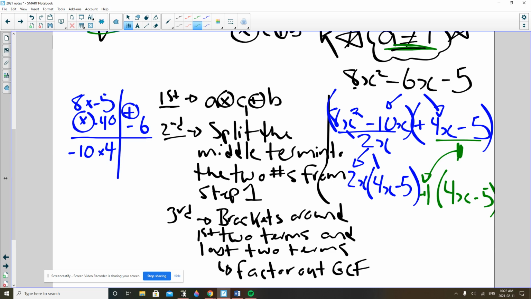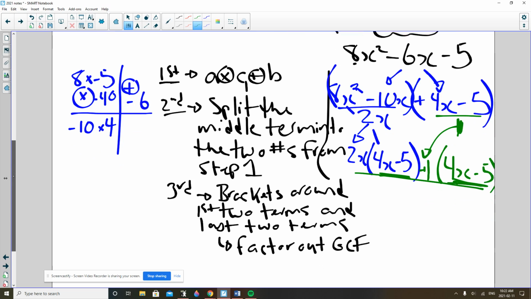And I have this really nice thing happening at this point if I have factored correctly, and if the question was, in fact, factorable, is that you can see what's left in brackets is exactly the same. And so then what I can do now is essentially divide that out as a greatest common factor.